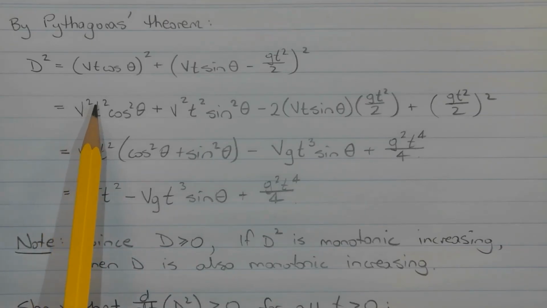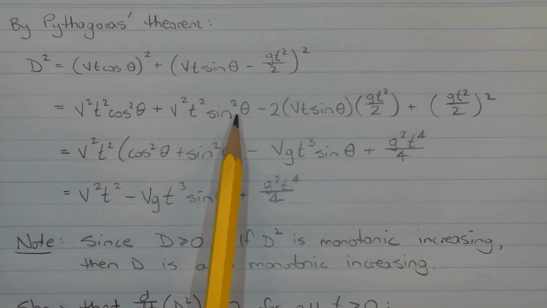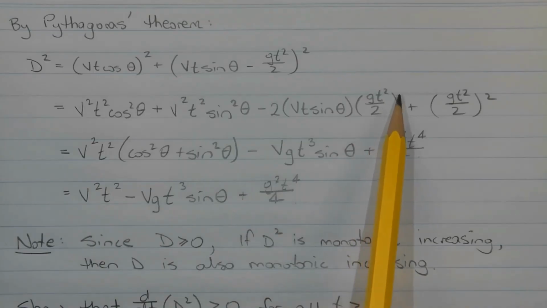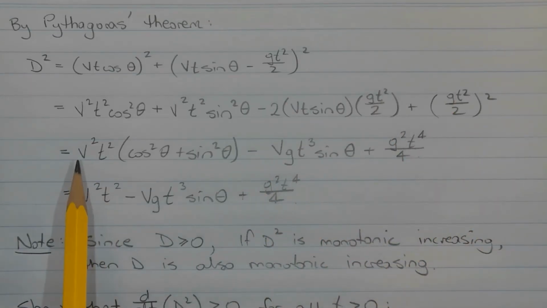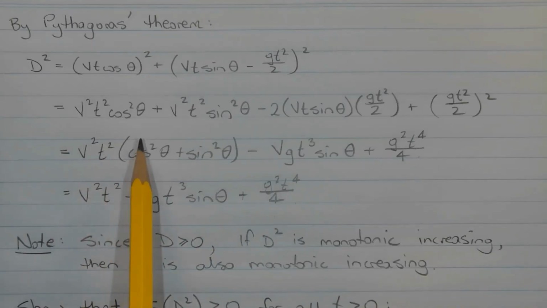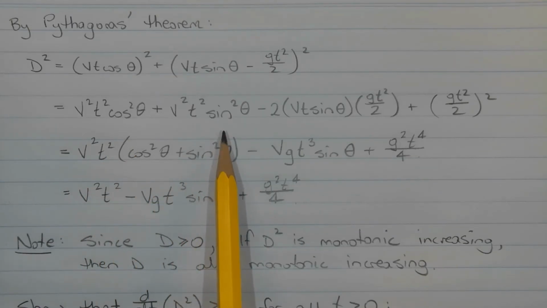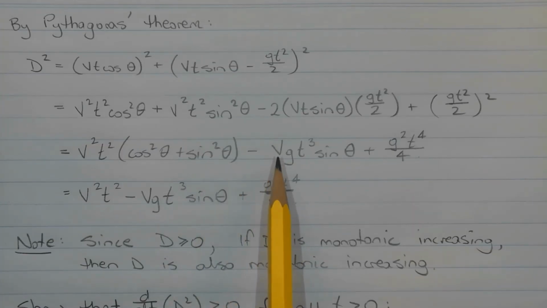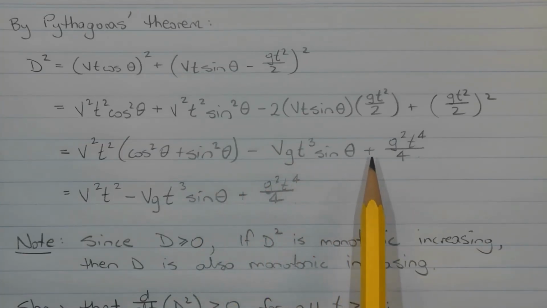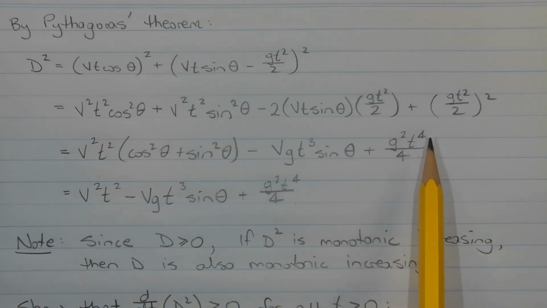Factorising out v squared t squared from this term and expanding the brackets here and here, we get d squared is equal to v squared t squared times (cos squared theta plus sin squared theta) minus vgt cubed sin theta plus g squared t to the power of 4 over 4.